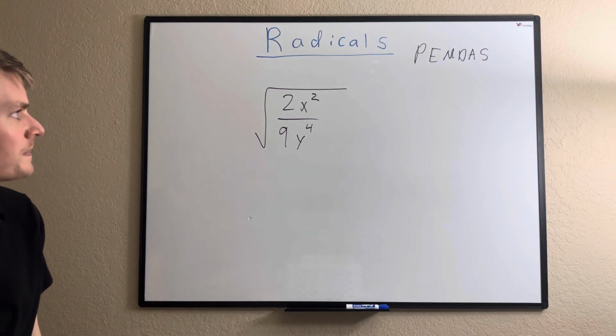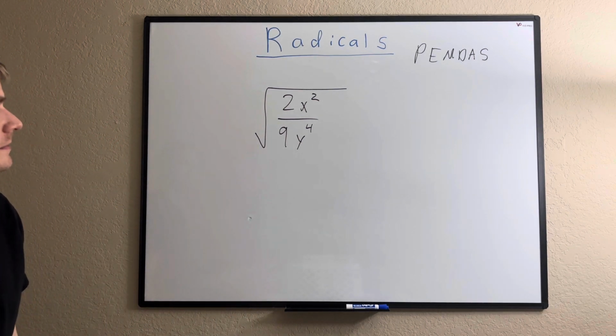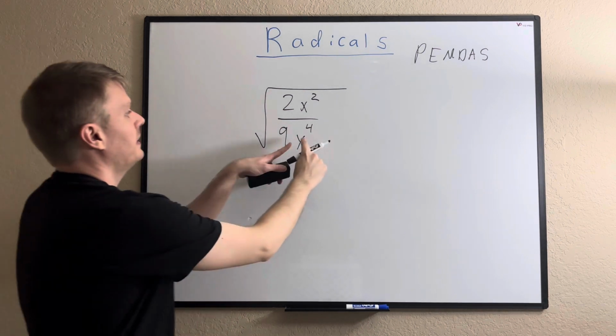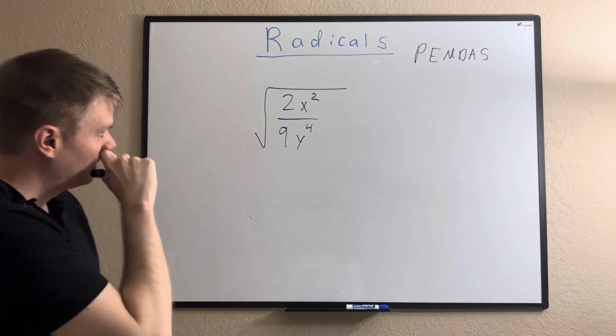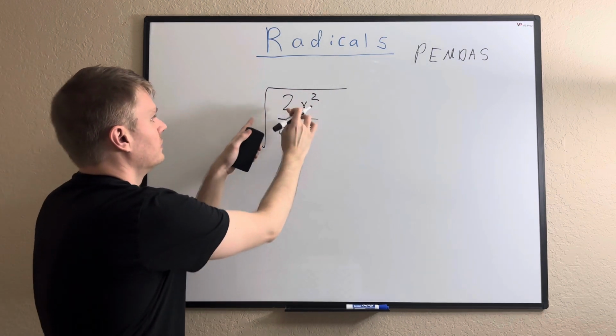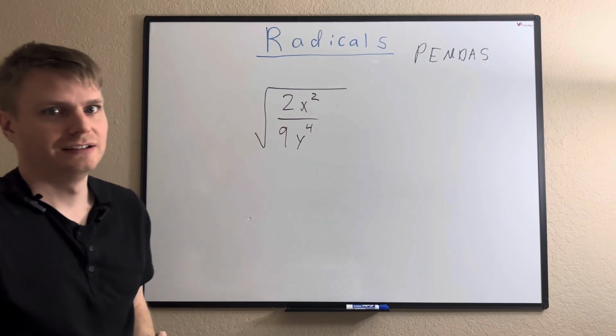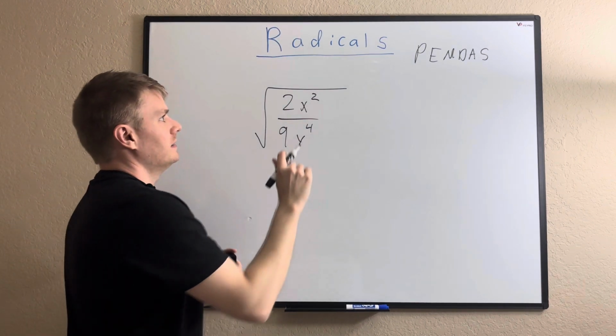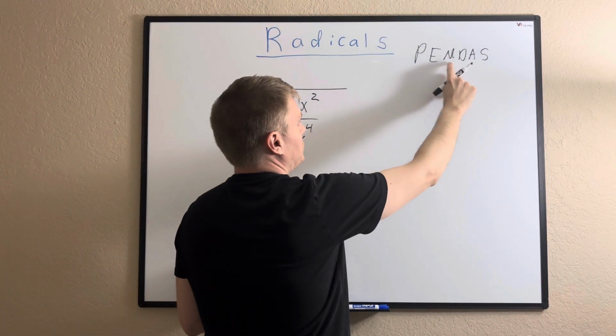Okay. Now, because none of these are being added or subtracted, we can take the root of each individual number. Okay, remember that. You can only do that if it's multiplication and division.